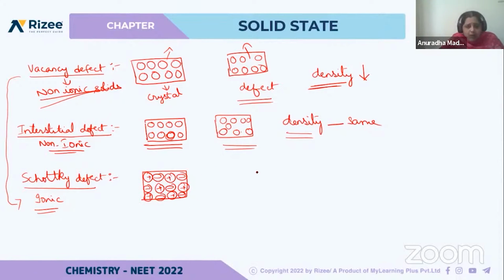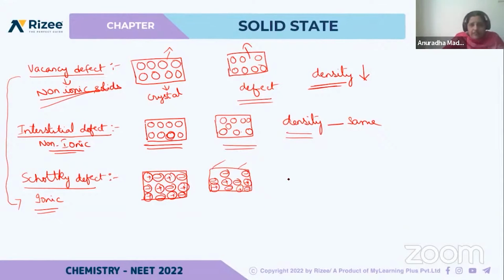If an equal number of cations and anions go out, that defect is called Schottky defect.